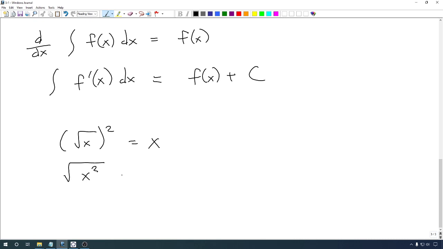But if it is negative, then we get the positive version of it. So it's not exactly the x that we started with, but it's not too far off. It's either x or it's negative x. Well, here, we have f of x still in there, we just might have an extra constant added to it. Kind of a close enough inverse operation.